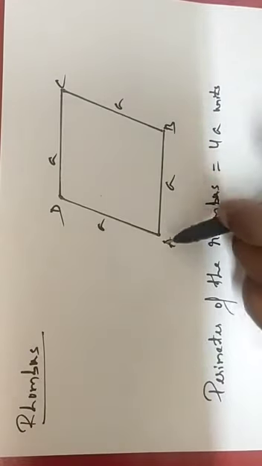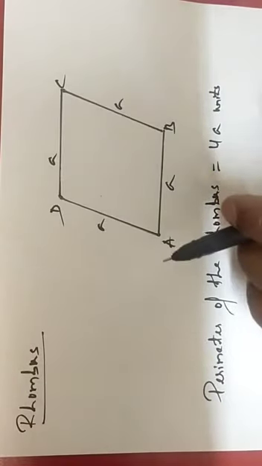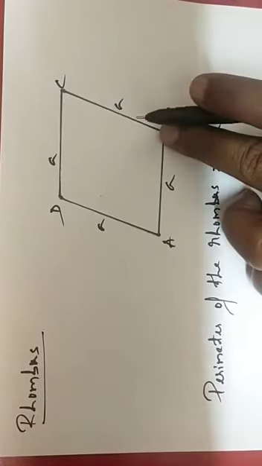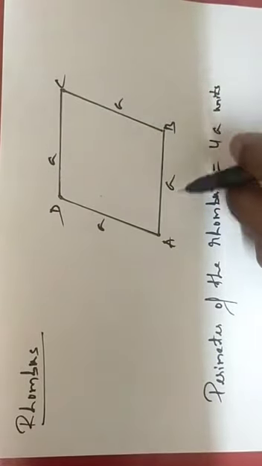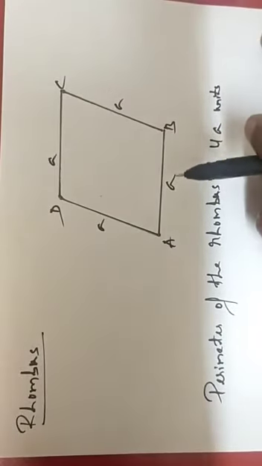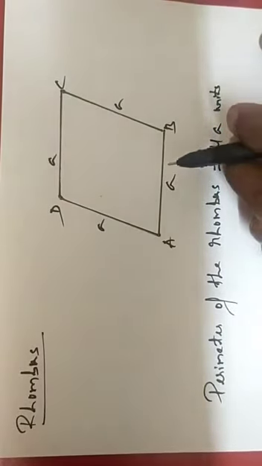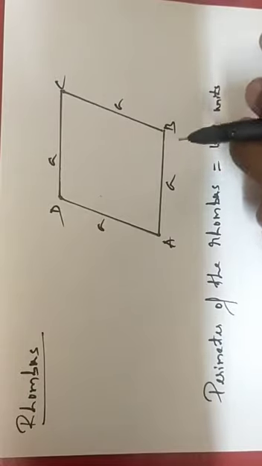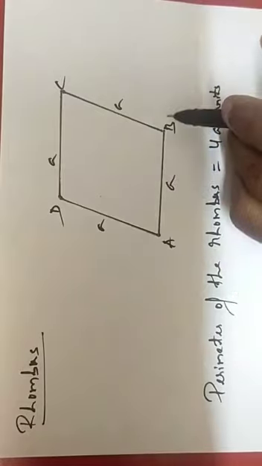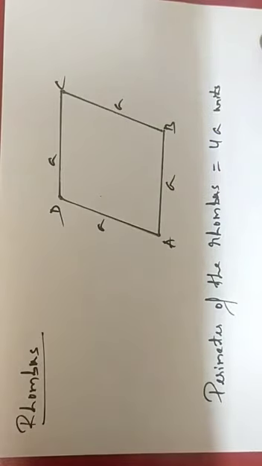You will say, sir, in a square also all four sides are equal, in a rhombus also all four sides are equal, then what is the main difference between a square and a rhombus? In a square, each angle is 90 degrees, whereas in a rhombus, each angle may not be equal to 90 degrees. Is that clear?